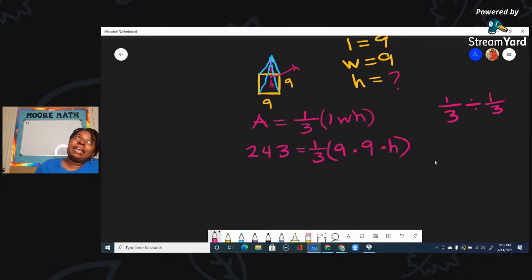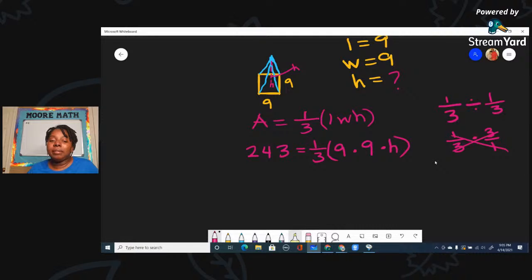If you remember back in 5th grade, you learned that dividing by a fraction is really multiplying by the reciprocal. Or you might have learned keep, change, flip, right? So when you divide by a fraction, you're really just multiplying by the reciprocal. You flip the numerator and denominator, and that's how you get rid of it.